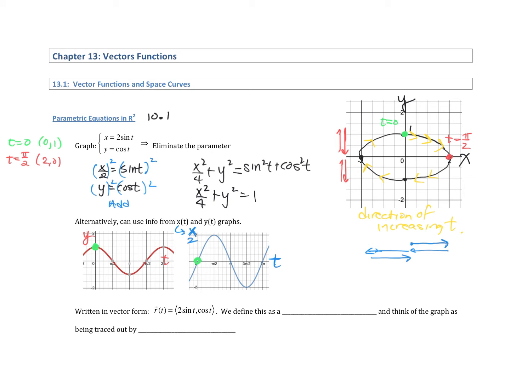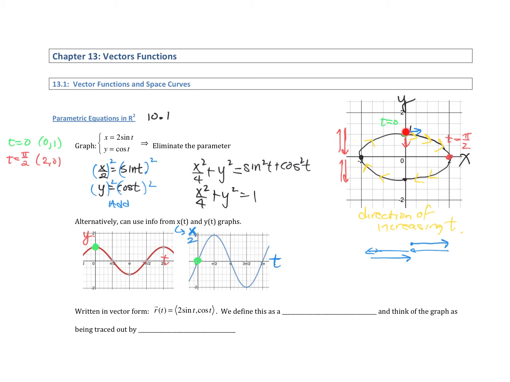What is y going to do? As t increases from 0, y is going from 1 down to 0. So as t increases, we have x moving to the right and y moving down. Let me actually put that in here. X is moving to the right, that's what that blue graph is telling me, and y is moving down.